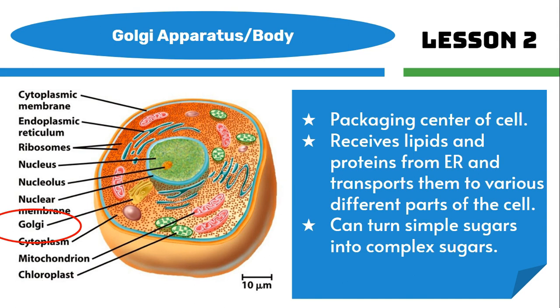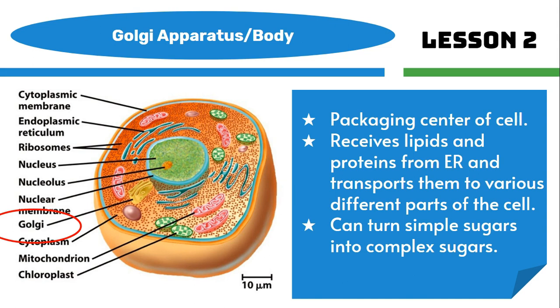It receives lipids and proteins from the ER and transports them to various different parts of the cell. Like I mentioned earlier, guys, the ER synthesizes lipids and proteins and then transports them to this location, the Golgi apparatus. And the Golgi apparatus has a special function.